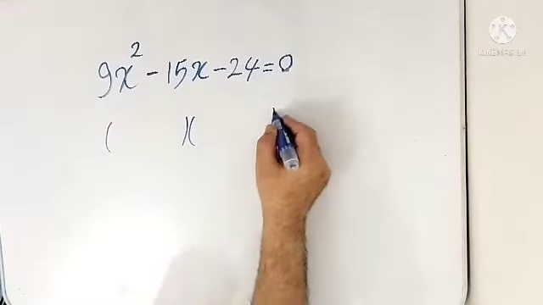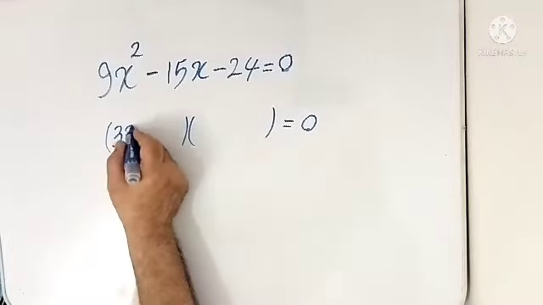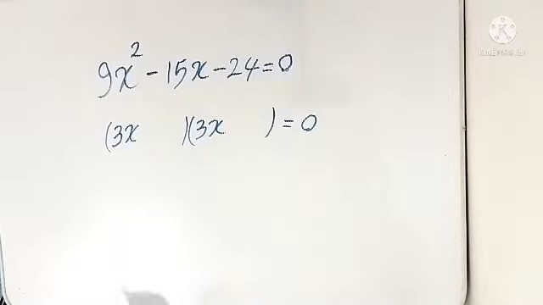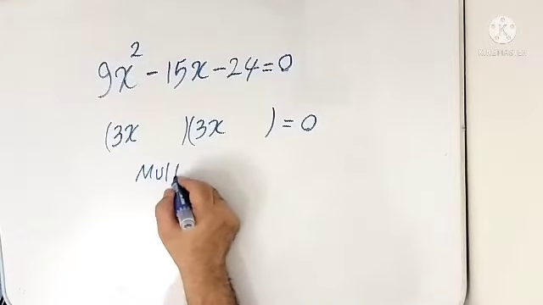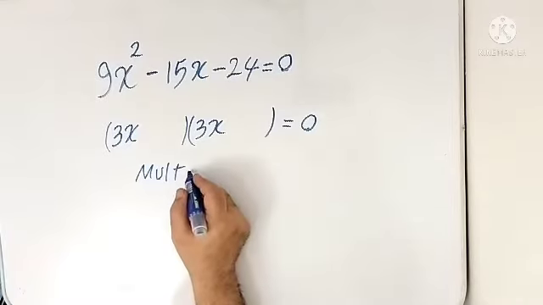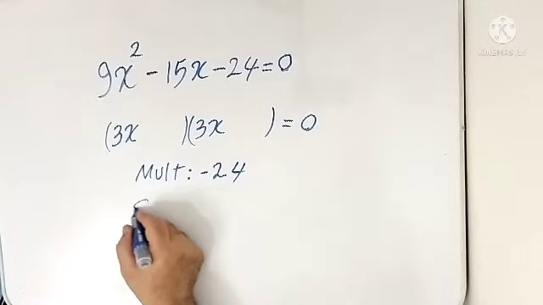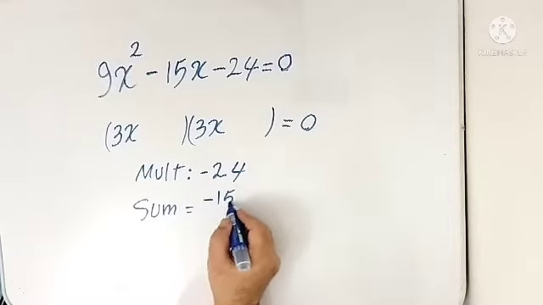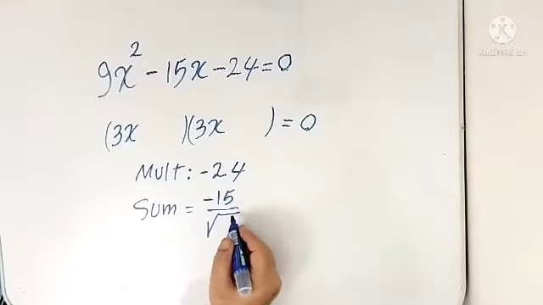We form two parentheses that start with 3x. Now we must find two numbers that multiply to -24 and sum to -5 divided by the square root of 9.